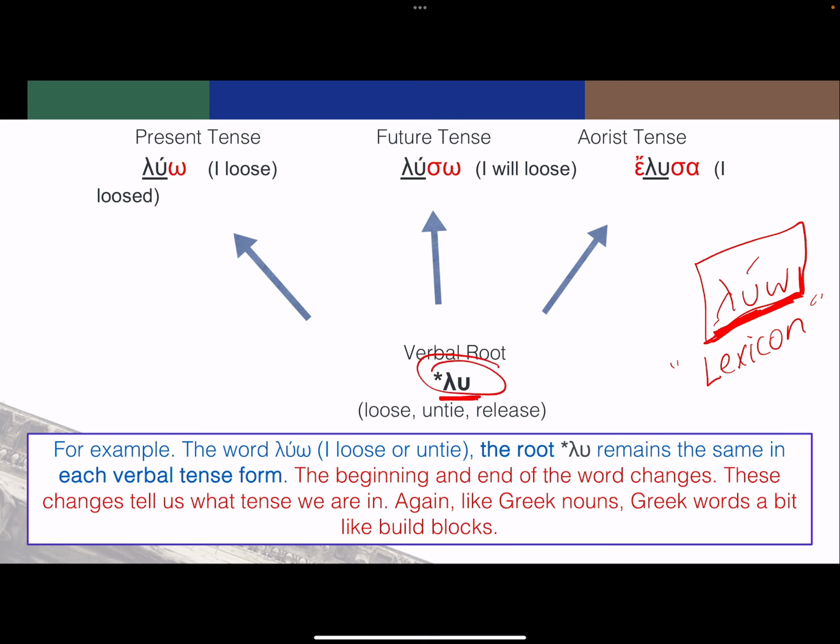You would never see lu written anywhere, but it's the most basic part of this verb to which other things are then added and put on. And when those things are added or put on, that is when the verb changes its mood, voice, person, number, etc.